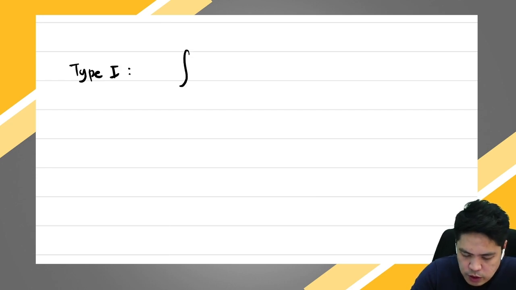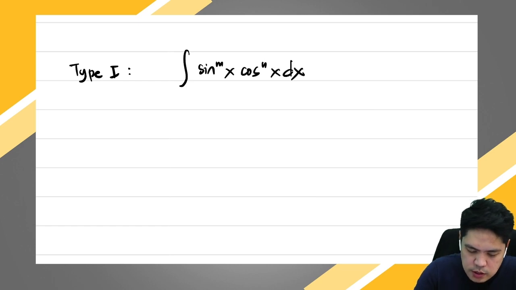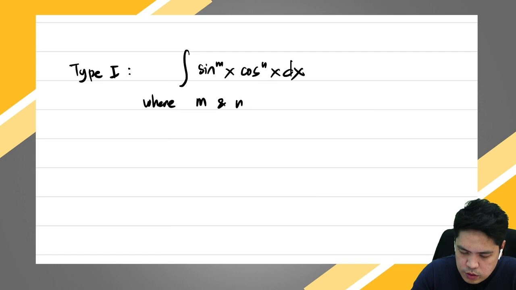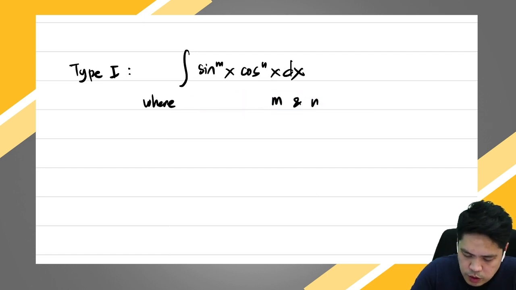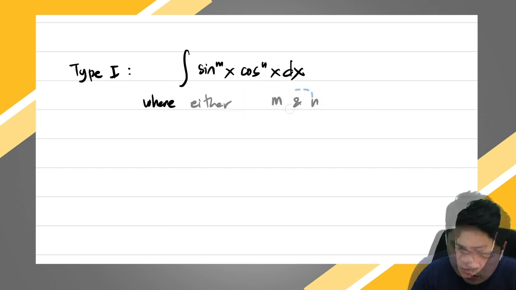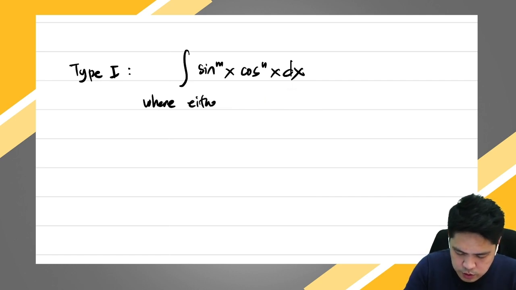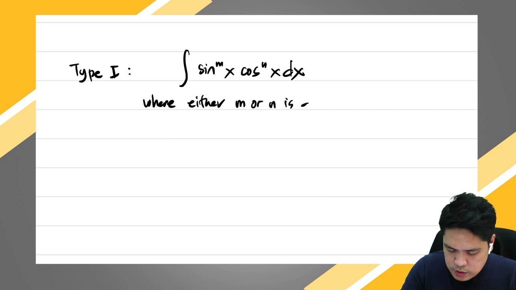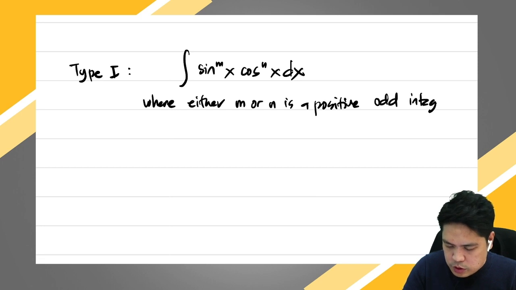So we'll start with, we'll call this type 1 transformation, which is for the integral of sine raised to mx times cosine raised to nx dx. So, consider muna natin that either m or n is a positive odd integer.